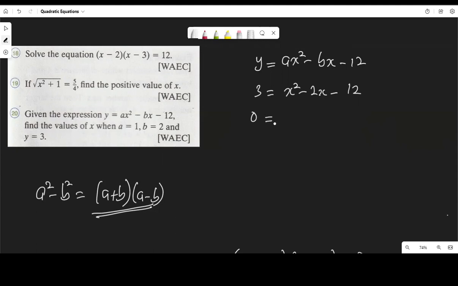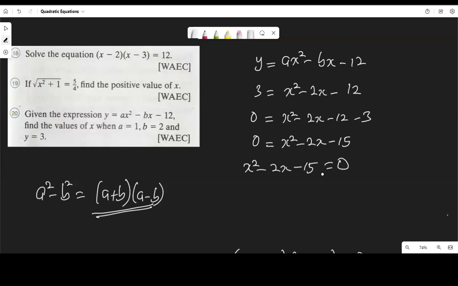So 0 is equal to x squared minus 2x minus 12 minus 3. This is plus 3. When it crosses the equality, it becomes minus 3. 0 therefore is x squared minus 2x minus 12 minus 3, which is minus 15. Because I can still write this as x squared minus 2x minus 15 is equal to 0.